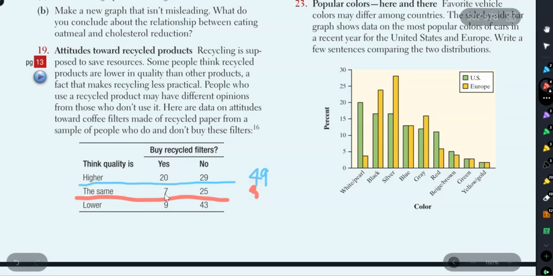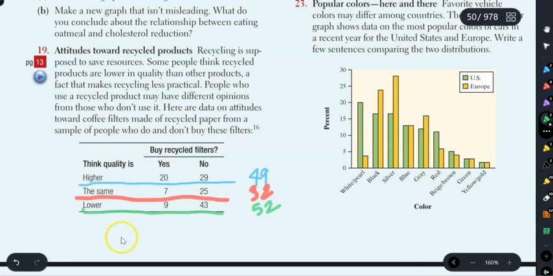And so we had 32 of those because we had 7 say that they still bought them and 25 did not. Now let's look at the last one, the people that thought that the recycled filters were of lower quality. And we had 52 of those. 9 of them said they did buy, even though they thought they were lower quality, but 43 said no.